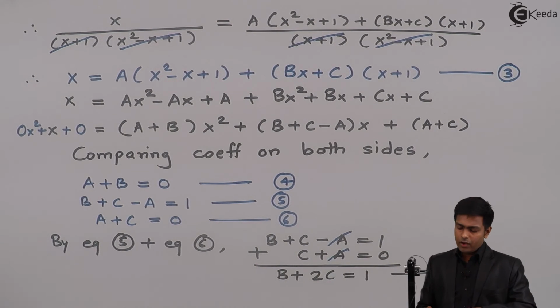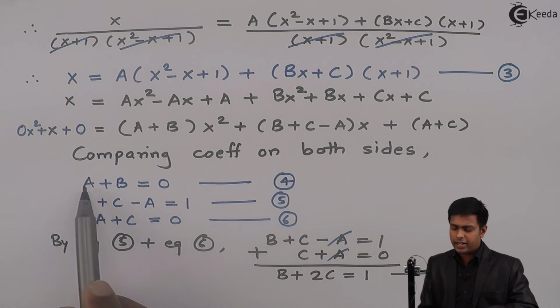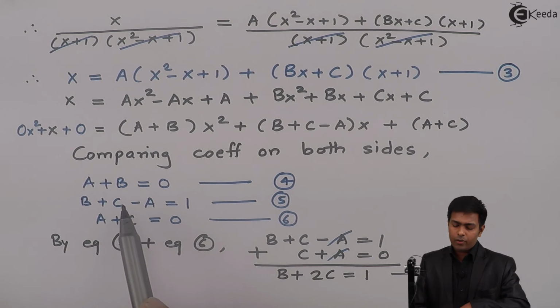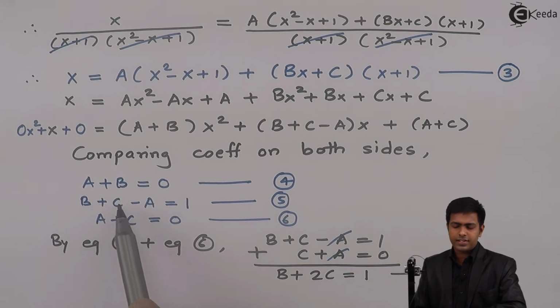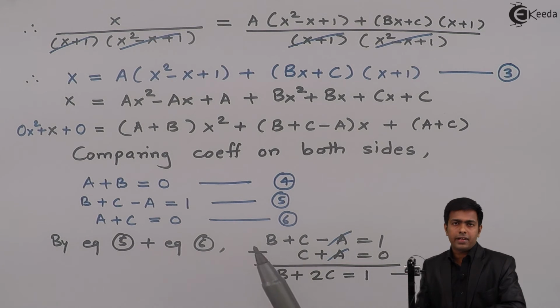Now similarly we'll add equations number 4 and 5. By adding 4 and 5 we can eliminate a once again, and we'll get one more equation in terms of b and c, which I'll call equation number 8.